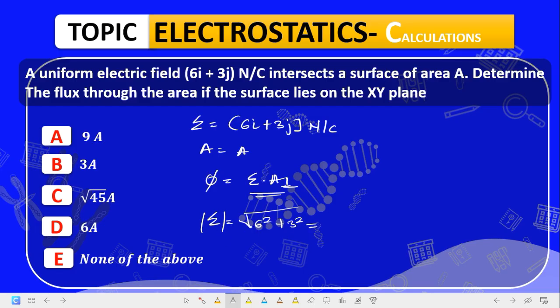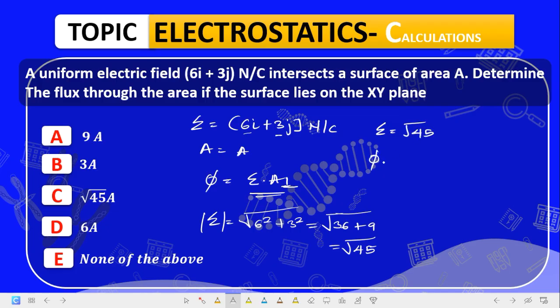To calculate the magnitude of any stated vector, you find the resultant. This gives the root of 36 plus 9, which is the root of 45. So our E is root 45.